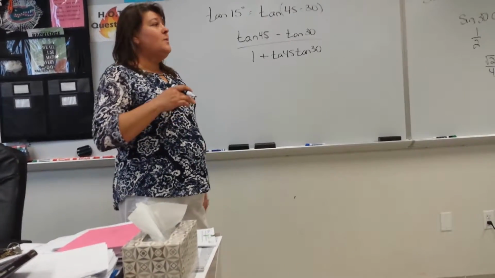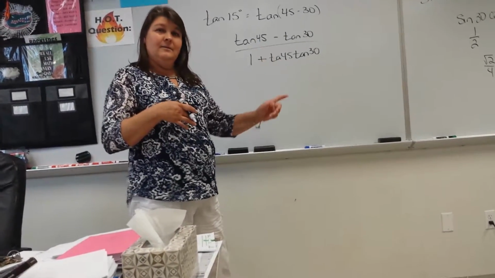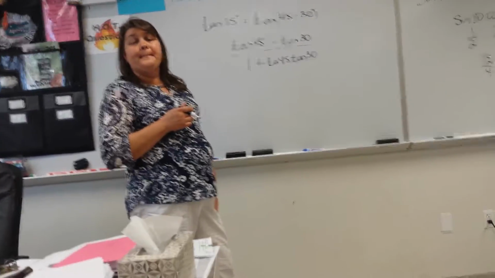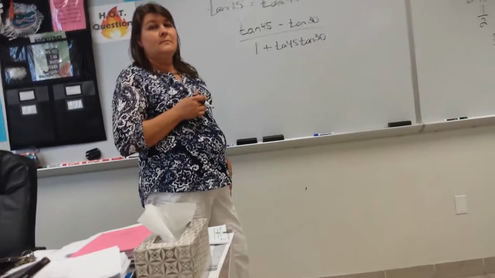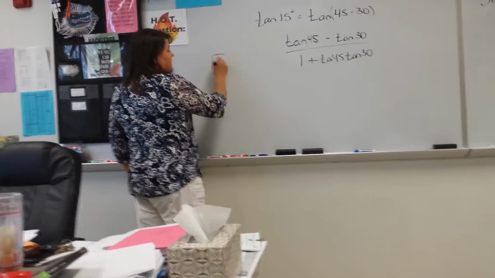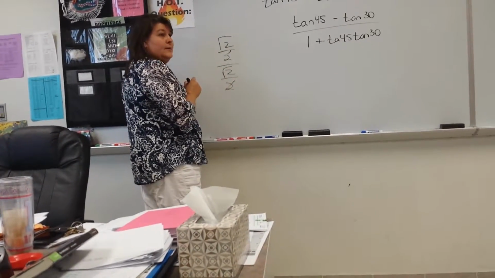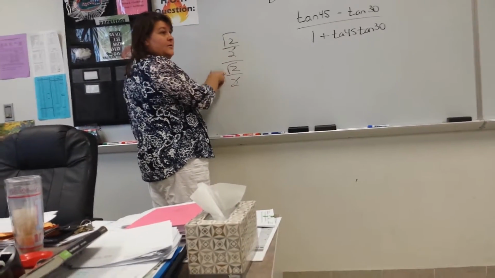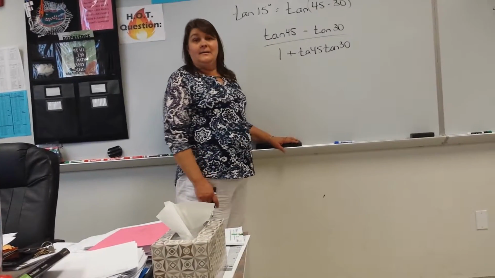So it's going to be square root of 2 over 2 divided by square root of 2 over 2, which is 1. When you divide fractions that have the same denominator, the denominators cancel. So it's just square root of 2 divided by square root of 2, which is just 1. Are we good?